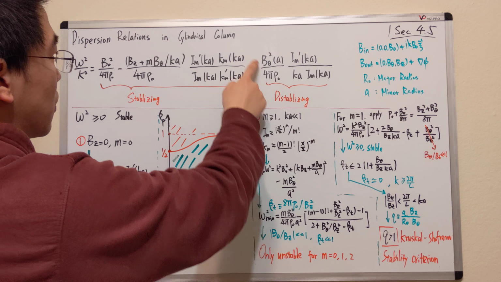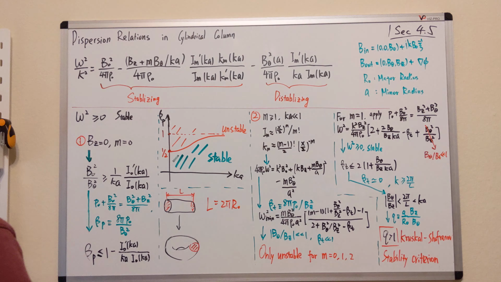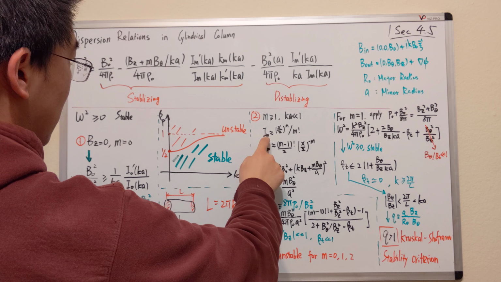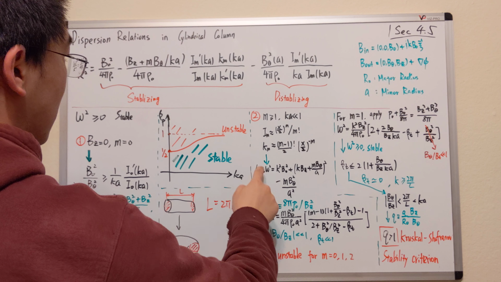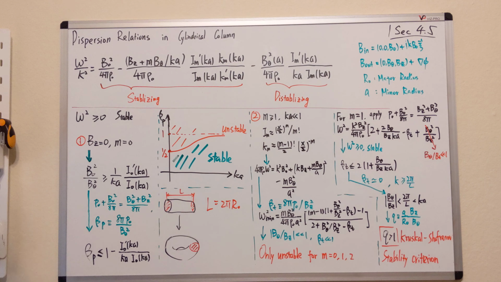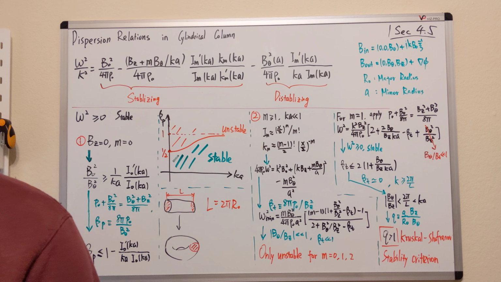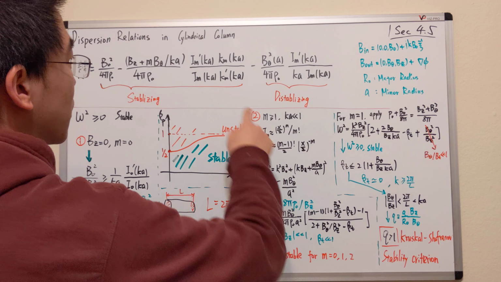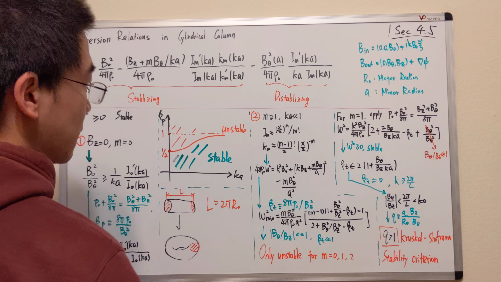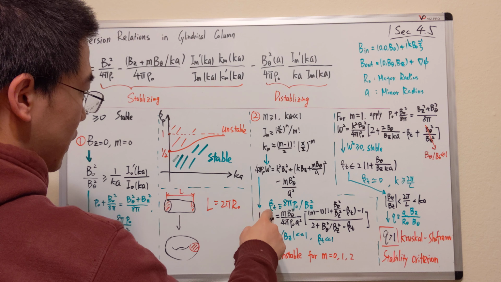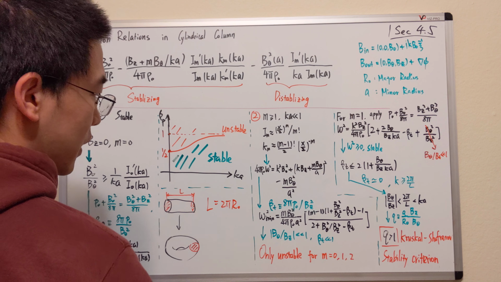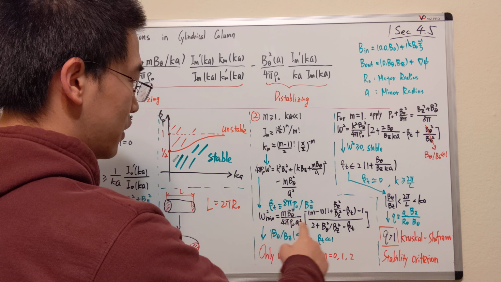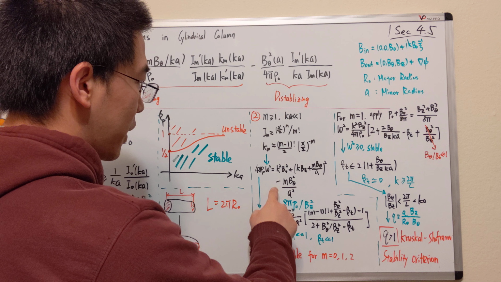This whole thing will be vastly simplified if you look at the derivative of that divided by this, and this divided by its derivative. As you can see, it will make your life much simpler if you do the algebra, which is trivial. So from here you will arrive at this expression, and with the definition of beta t, toroidal beta, you will have this expression.